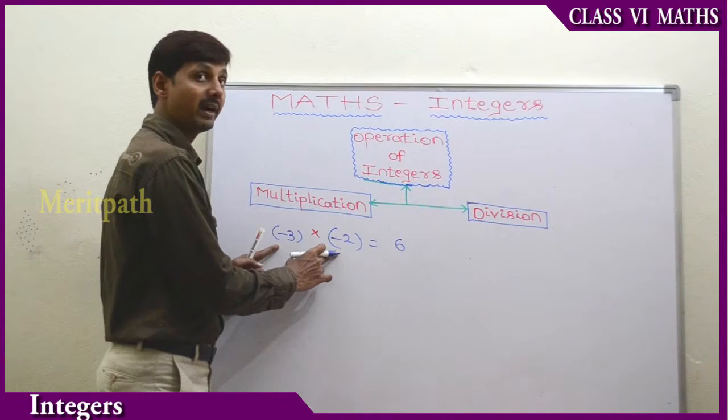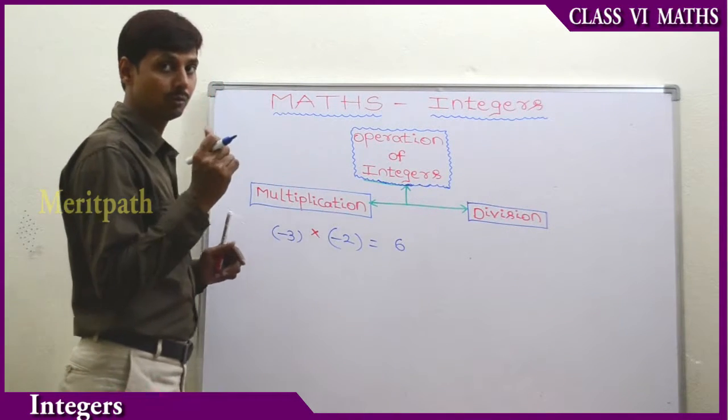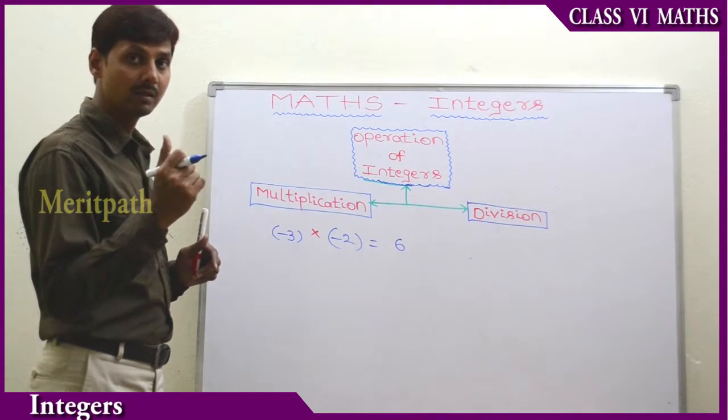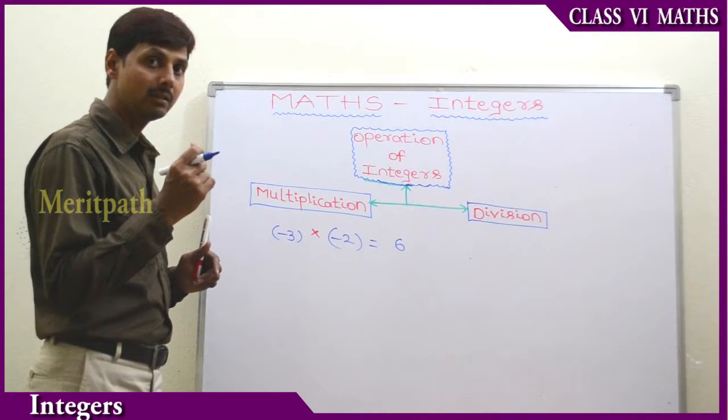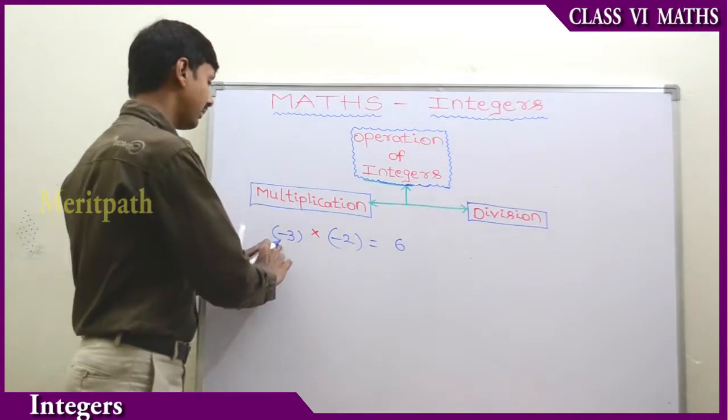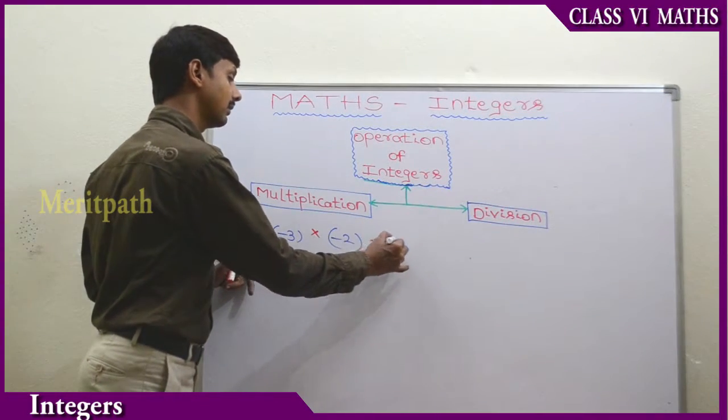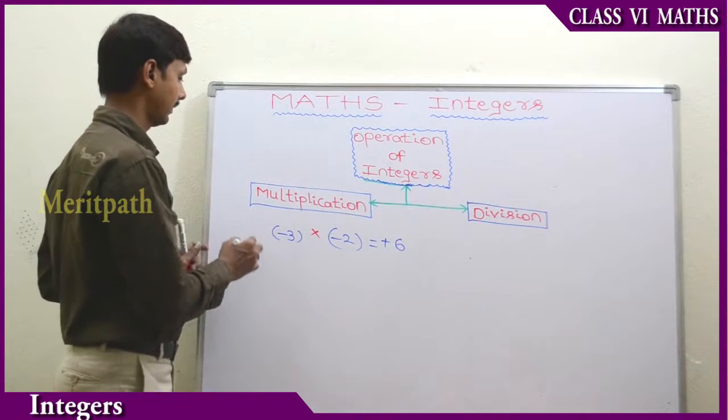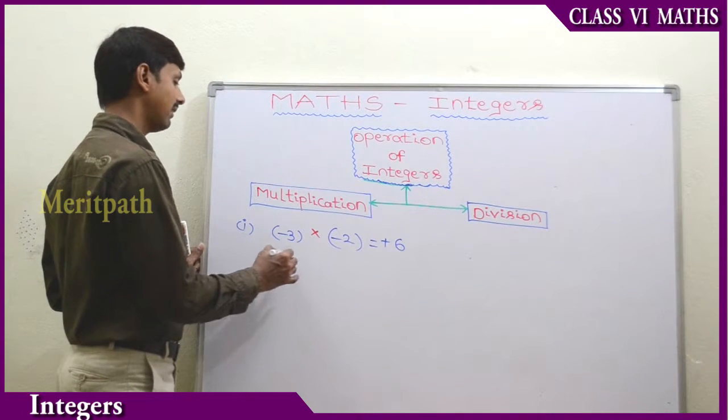So minus into minus, when two integers have the same sign and we are multiplying them, minus into minus becomes plus. So plus 6. This is the first operation we have done.